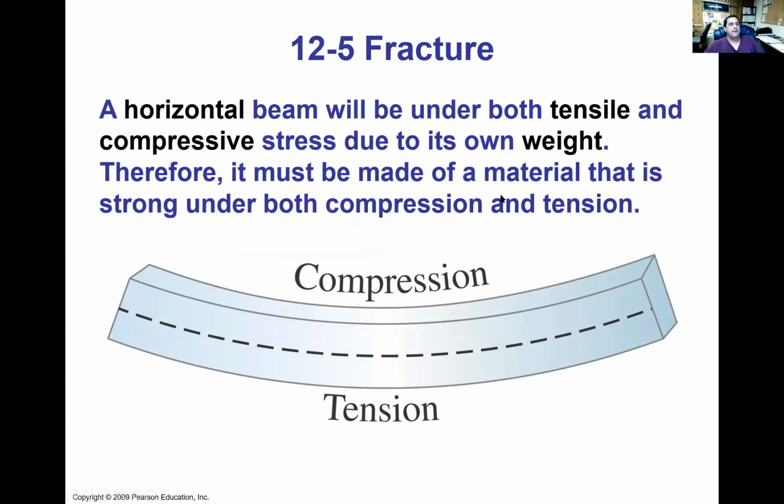So it's got to be made of a material that can handle both the tension and compression. So there's shearing stresses that are occurring within this beam as a result of what you're seeing here with the tension and compression. Okay. So you're subjecting this beam to torques and generating internal torques on the material that the beam is made out of.